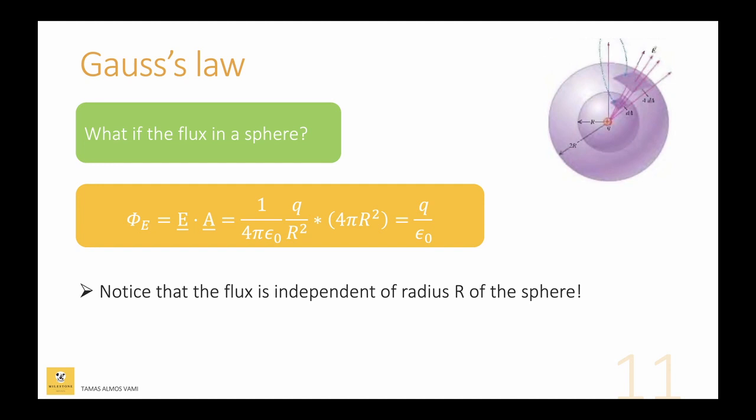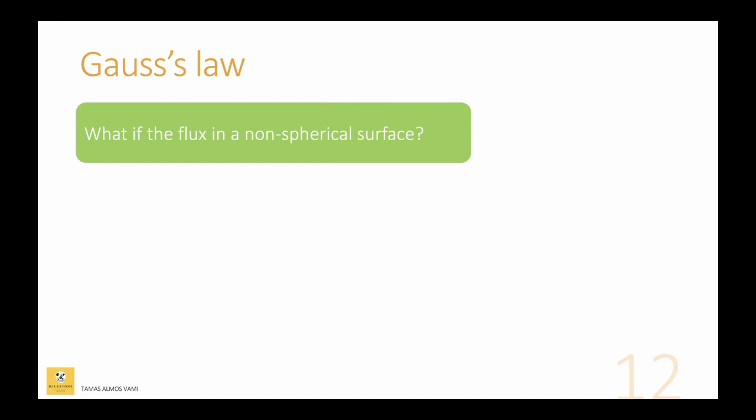So that's an interesting result, because the r's, the radius and the distance, cancelled each other, and so it doesn't matter how far we are from the charge, the flux is going to be always the same value, this q over epsilon zero.